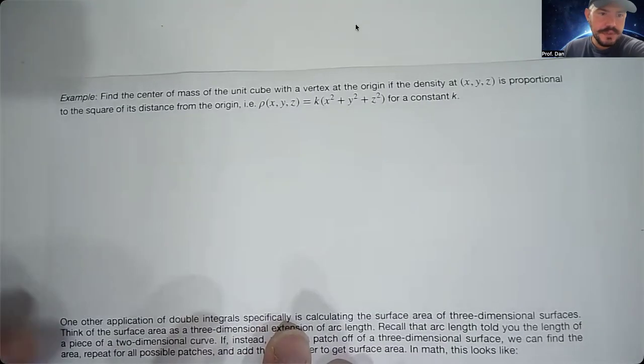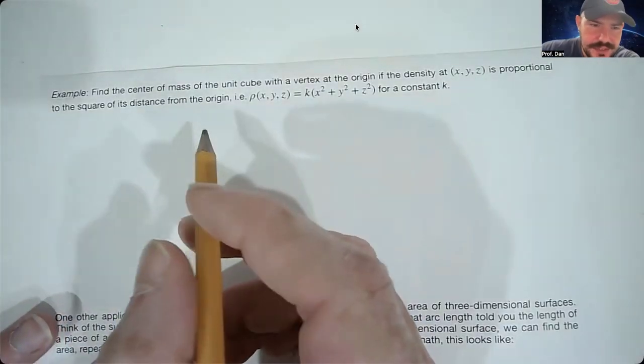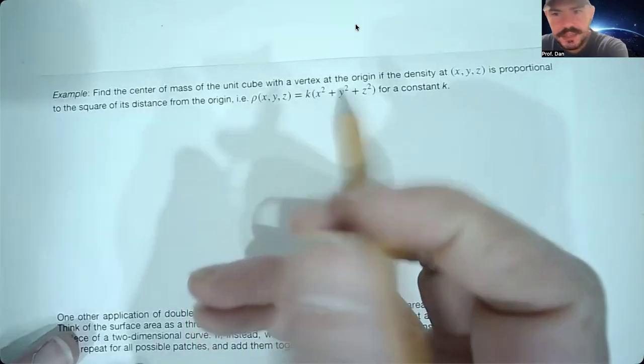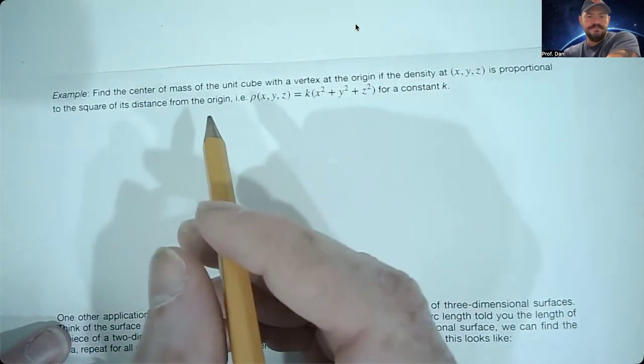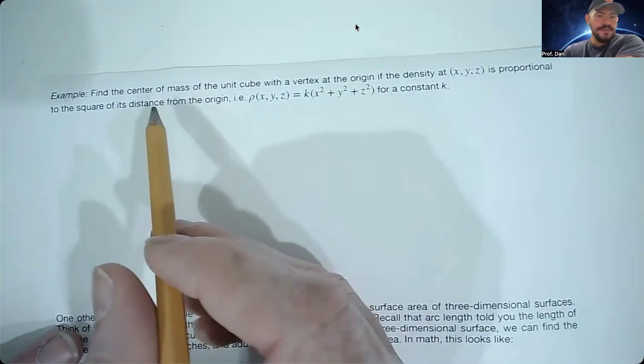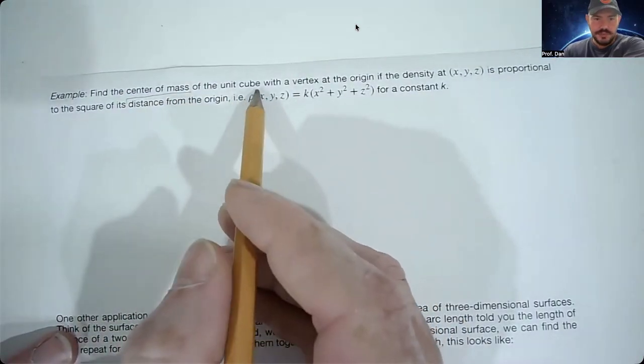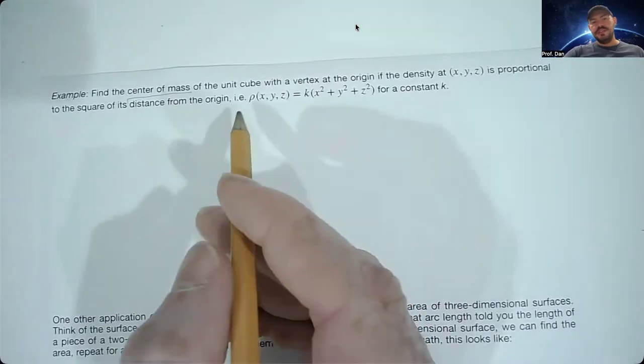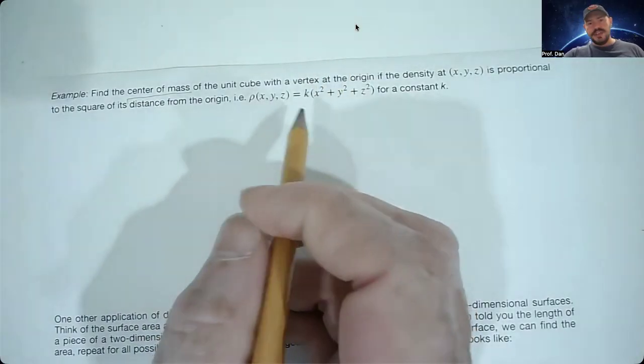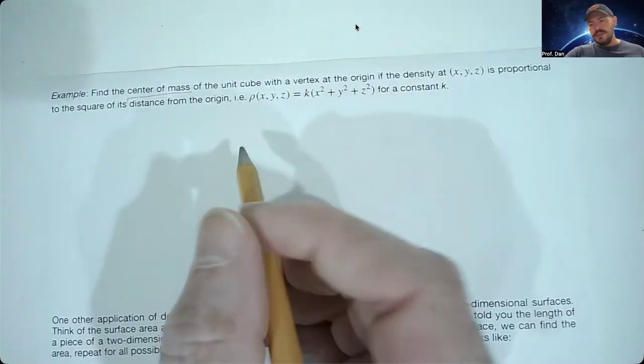And then for this video, I can get through the rest of the notes in this one. Okay, so one last example about moments. We're going to extend this to a three-dimensional problem. Okay, so we want to find the center of mass of the unit cube. That just means a cube whose side lengths are all 1, which has a vertex at the origin.